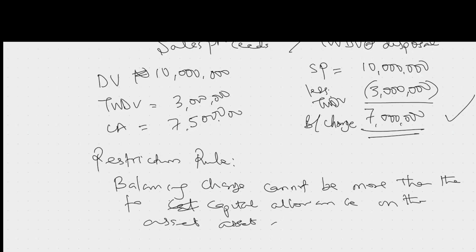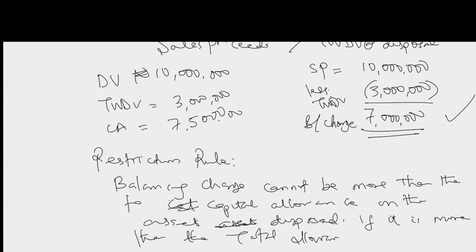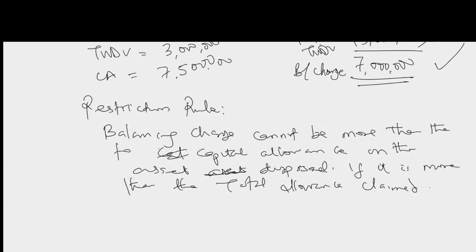So if it is more, what do you do? If it is more than the total allowance claimed on the assets disposed, it is restricted to the total allowance.